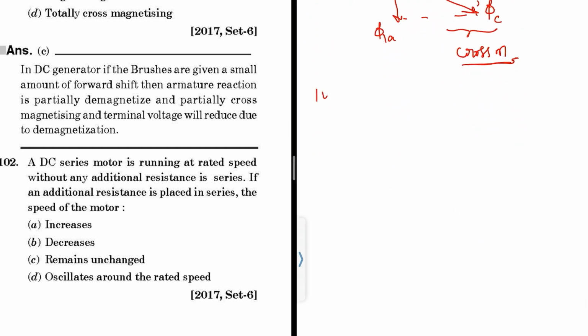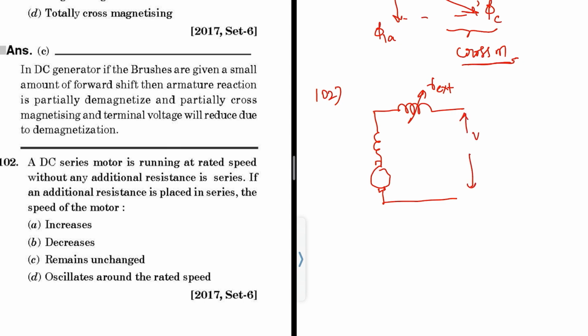Coming to question number 102. A DC series motor is running at a rated speed without any additional resistance. If an additional resistance is placed in series, what happens to the speed of the motor? So I will take the motor, and this is R external, the additional resistance.